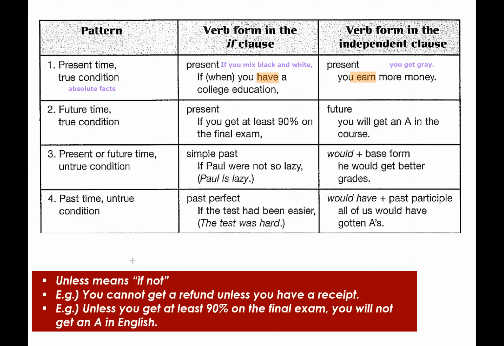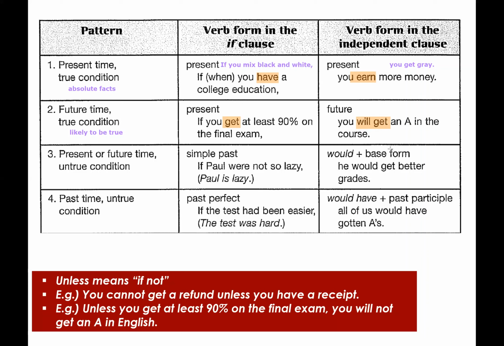Now, the second type is called true condition to the future, or what I call likely to be true. It's no guarantee, it's not absolute fact, but it's very likely. For example, if you get at least 90% on the final exam, you will get an A in the course. It is very likely, but who knows? Maybe the teacher hates you, right?